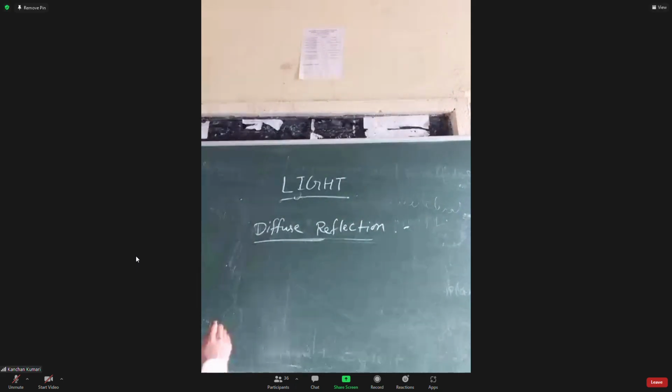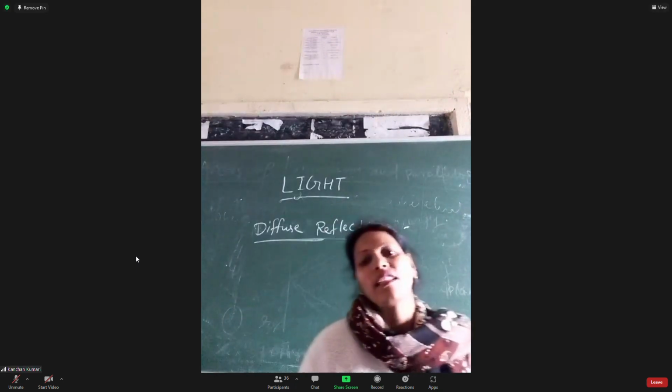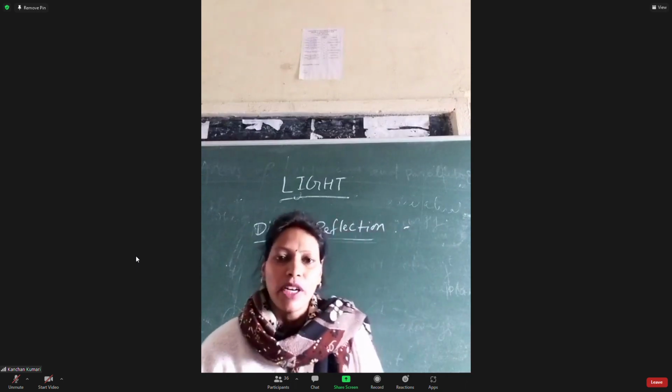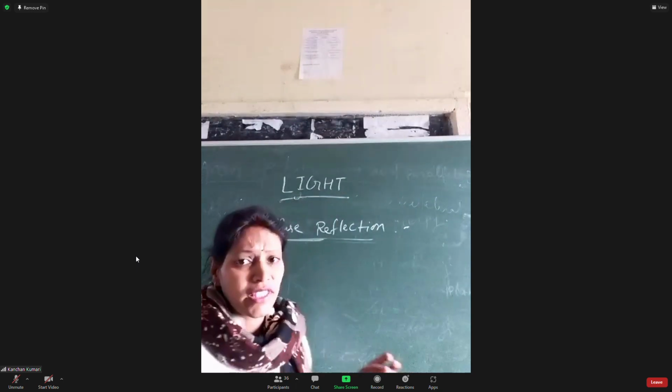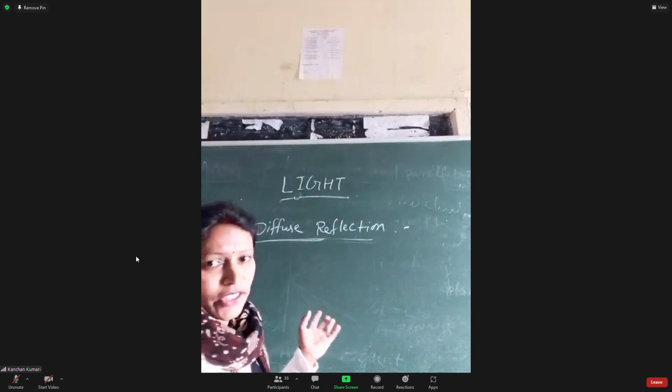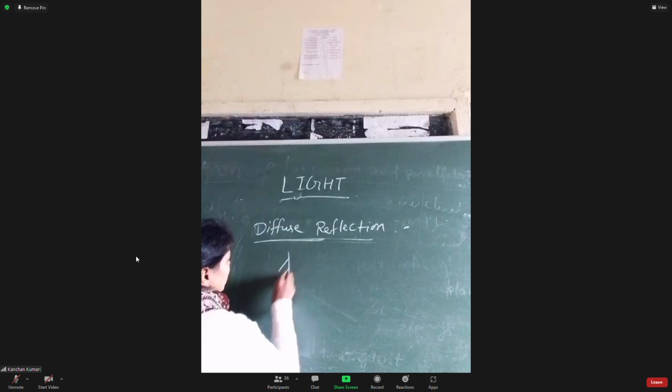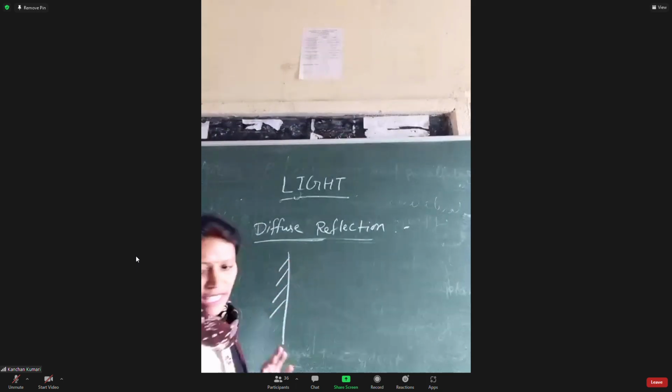Diffuse reflection: suppose a parallel beam of light is striking an object, but it does not get reflected in parallel directions. It gets reflected in all directions. That is called diffuse reflection. Suppose there is an object.